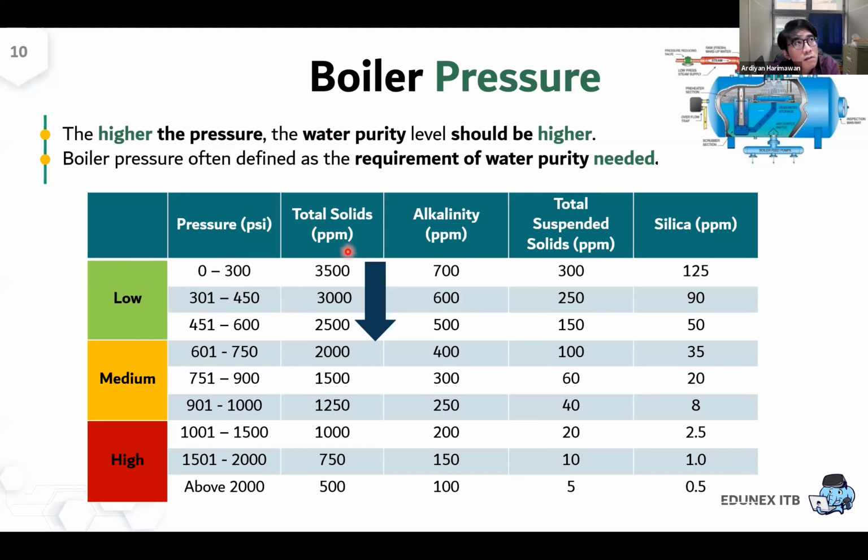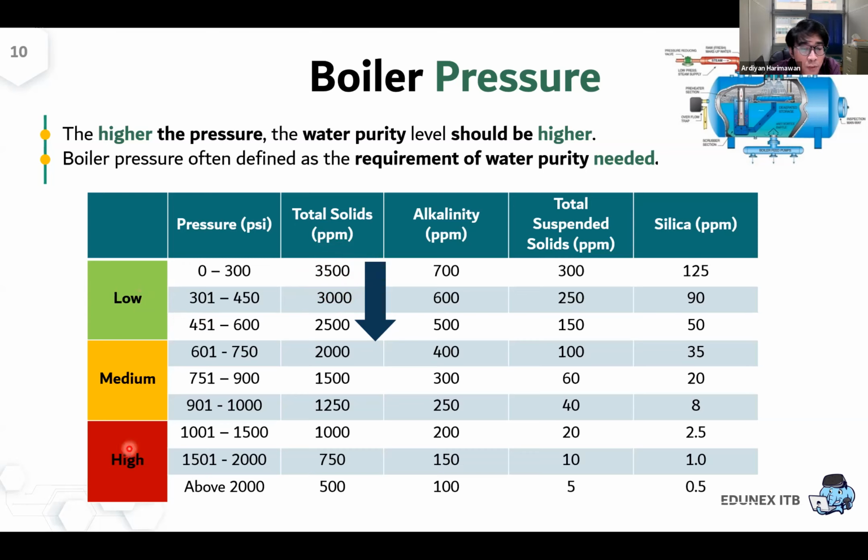So the standard, or in bahasa, we call it baku mutu. Baku mutu is for limbah, but normally we use it as standard. Standard is the maximum value that you can have. For the low pressure, you can have total solid until 3,500.